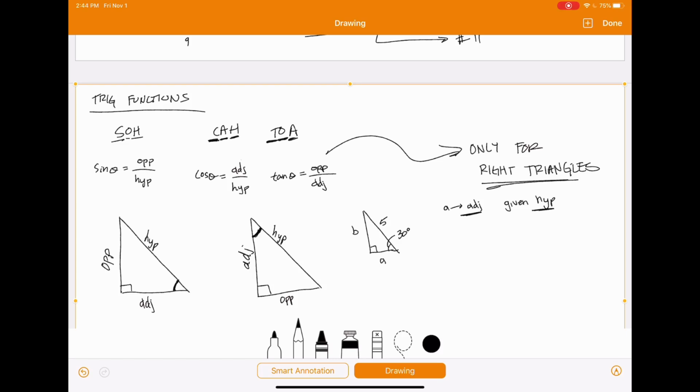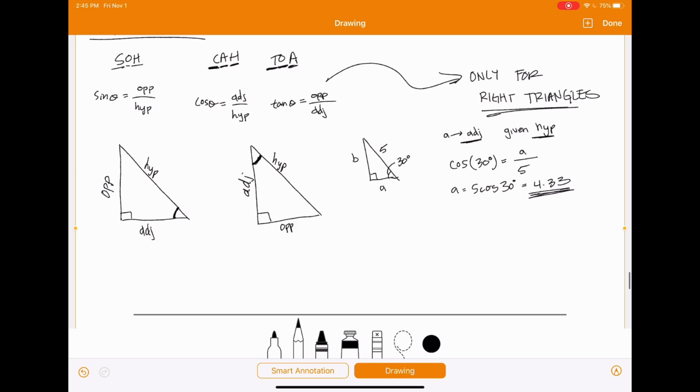So you come up here and you're going to see that the cosine is that one. So cosine theta, your angle, 30 degrees, equals adjacent, which is our unknown, over hypotenuse, which is 5. Multiply both sides by 5, so you'll get A equals 5 cosine 30 degrees, which equals 4.33. And that's going to be your side A.